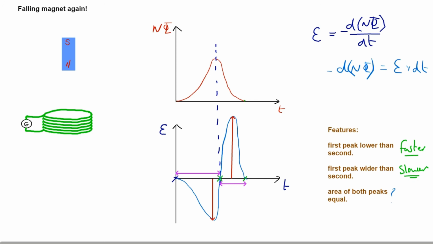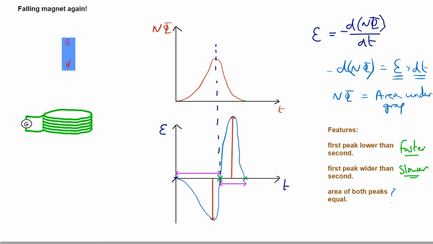That's for each little infinitesimal bit of that graph. But hopefully you can see that if I sum up all those little elements to get the total change in Φ, the total change in flux will be the area under the graph.